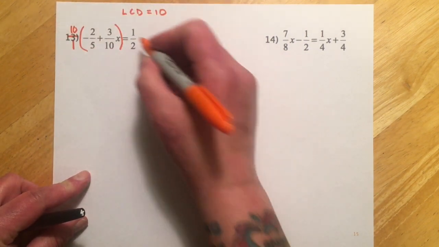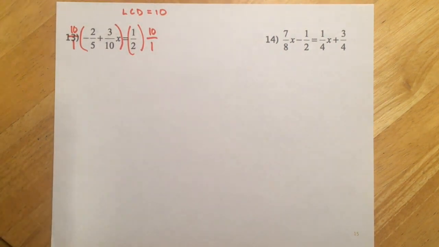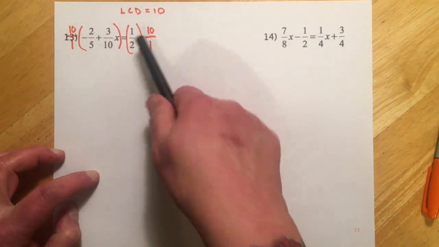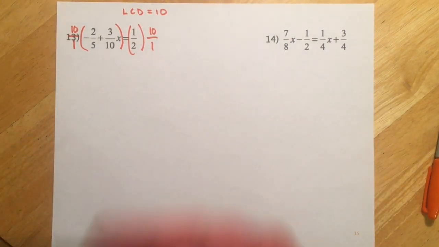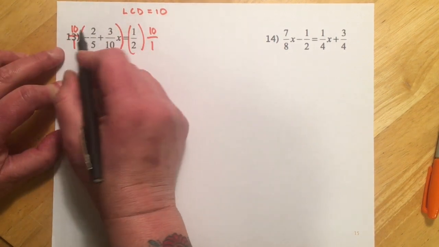This is like 10 over 1. And the idea is we're going to be able to cancel everything because we're using that common denominator. I'm going to show a step in between here, and the goal is to get where you're comfortable skipping this step. But usually to see how the canceling works, it helps to write this out a few times. So I'll show it that way.